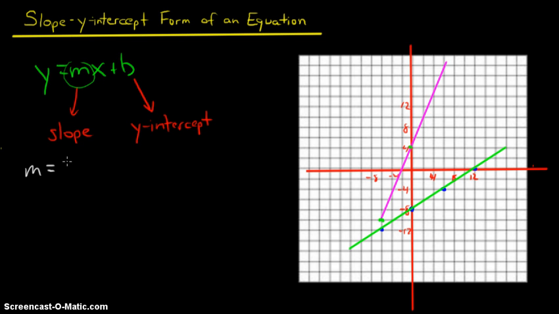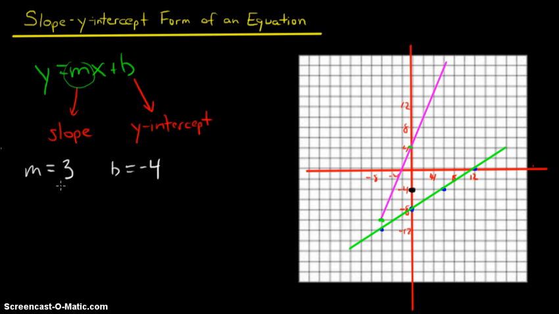Let's say that m equals a whole number, like 3. And your y-intercept, well, let's say it's -4. Okay, just like before, we're going to start with our y-intercept. So the y-intercept is -4. We make a mark on the graph. But now with a slope like 3, rise over run, well, I've only got one number here.